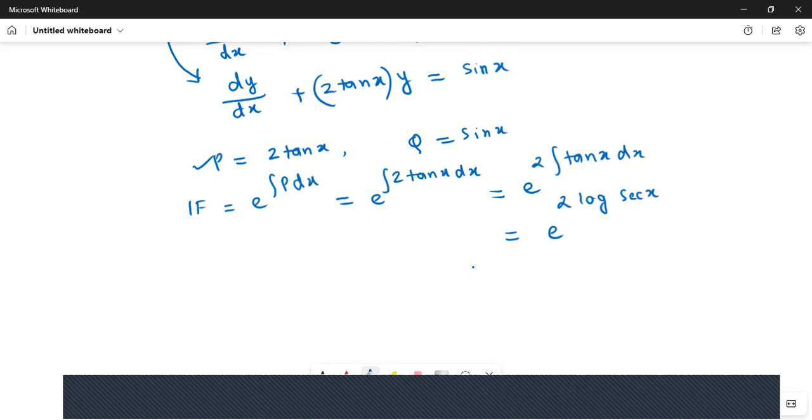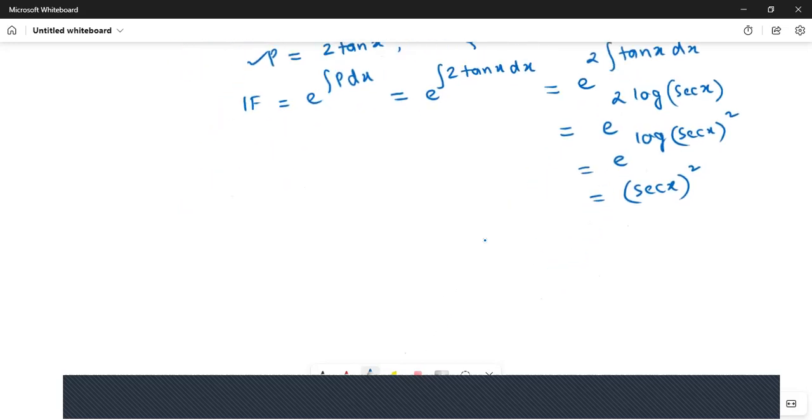All right. So put a bracket here. So e power 2 log sec x, whole square, right? So finally it will look like sec x whole square, correct? So that is your IF.